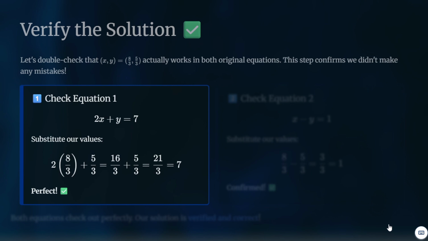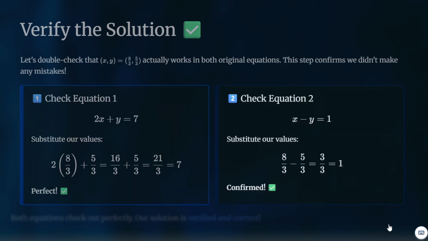So that's perfect. Our second equation, x minus y equals 1. Substituting our values, 8/3 minus 5/3 equals 3/3, which simplifies to 1. So both equations check out perfectly. Our solution is therefore verified and correct.